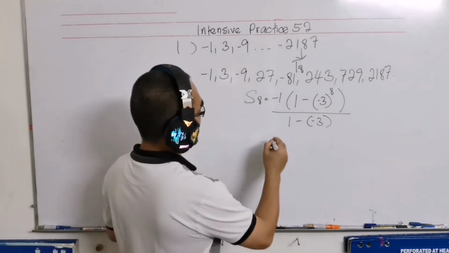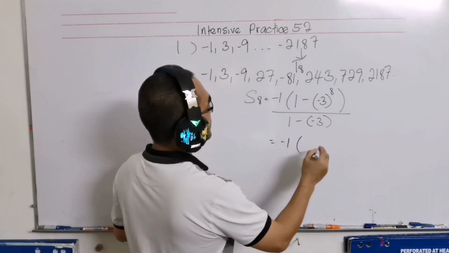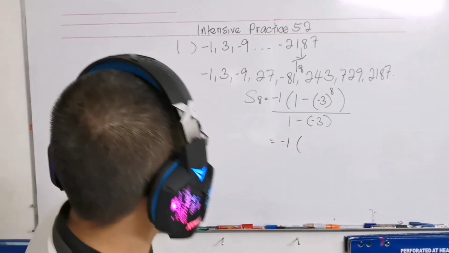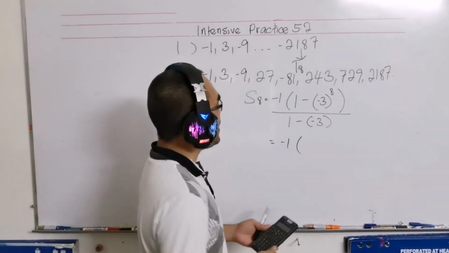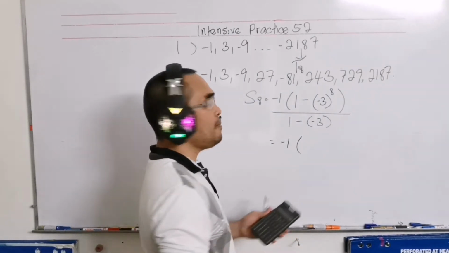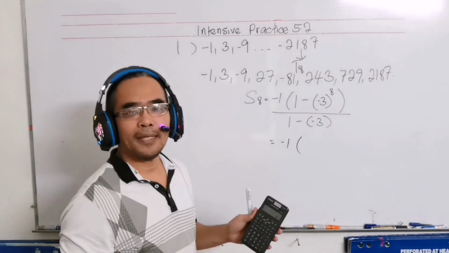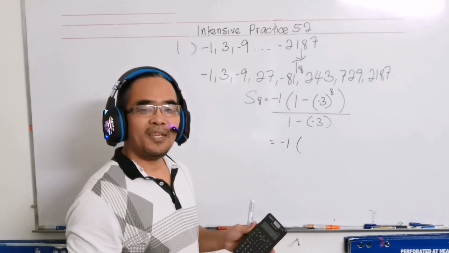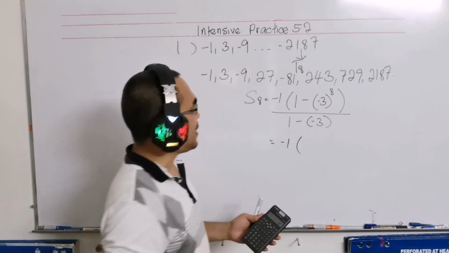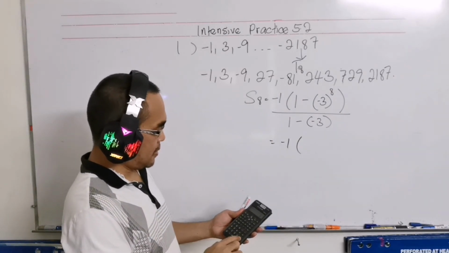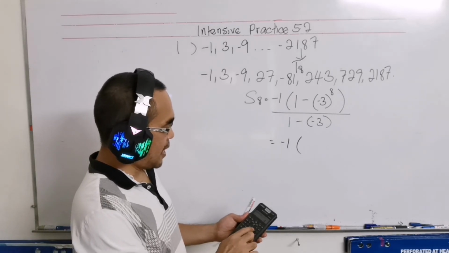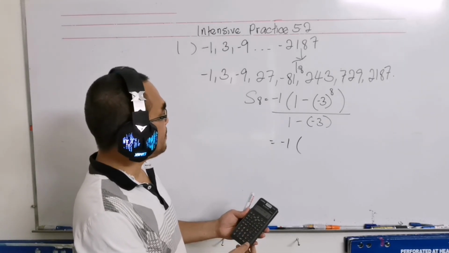You have to know in which order to calculate, because sometimes if you just press the calculator, you are not giving the calculator the correct input. So first you calculate inside the bracket, that is 1 minus a bracket of negative 3 to the power of 8.